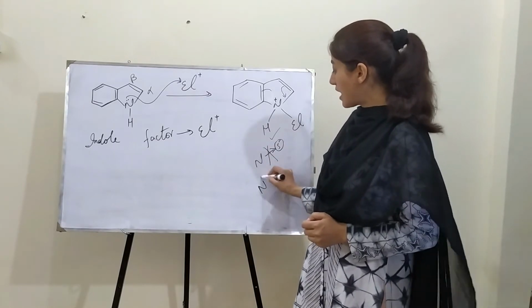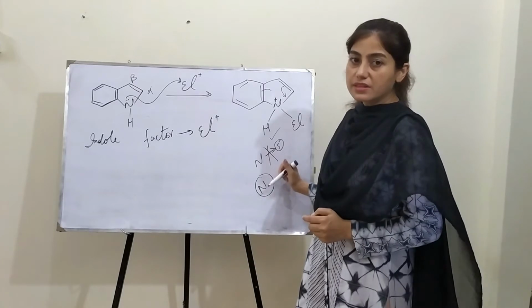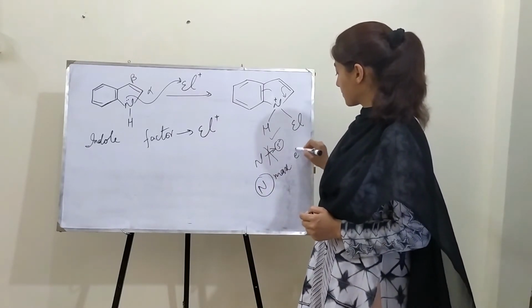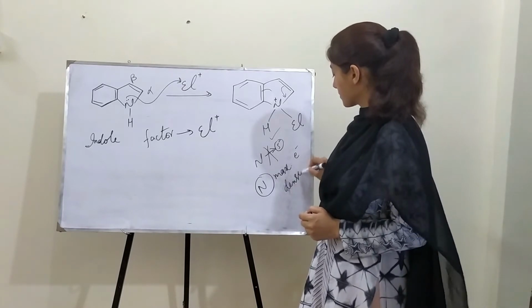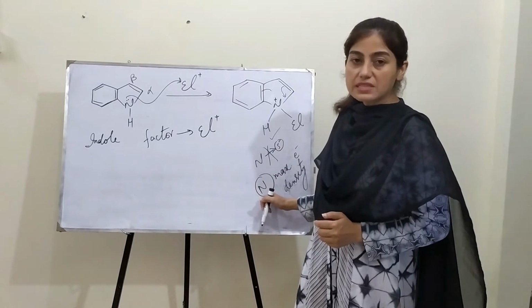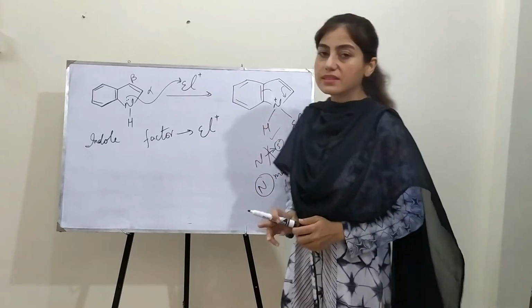Because, being a highly electronegative atom, it should have the maximum electron density. So nitrogen should have the maximum electron density over it. Only in that case would the molecule be stabilized.